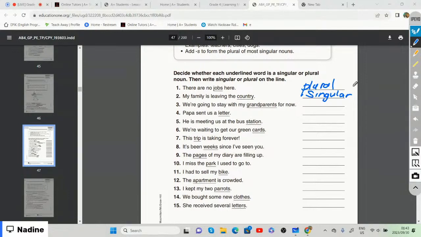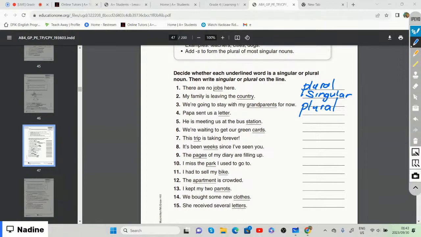So grandparents, we can say it is plural. Because parents ending with an S, it is more than one grandparent.